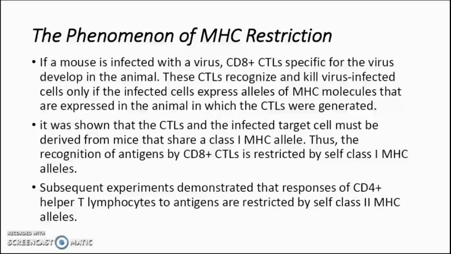It was shown that the cytotoxic T lymphocytes and the infected target cells must be derived from mice that share a class 1 MHC allele. Thus, the recognition of antigens by CD8 cytotoxic T lymphocytes is restricted by self class 1 MHC alleles.